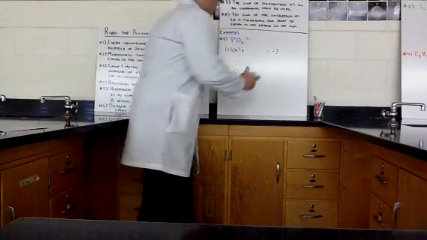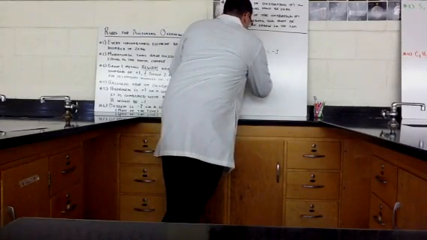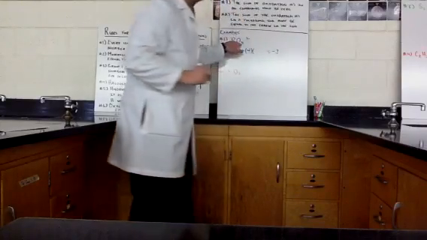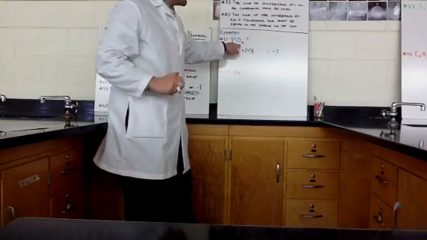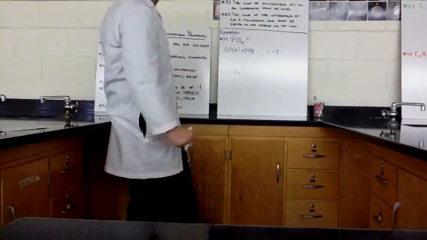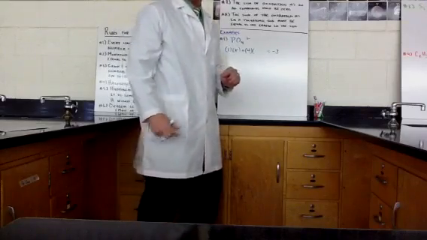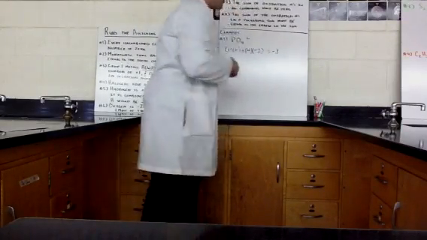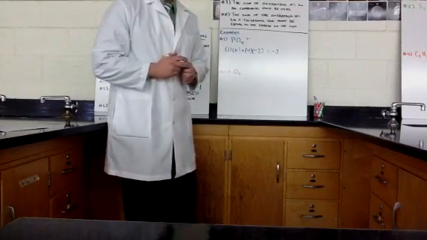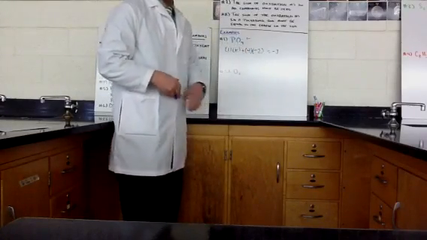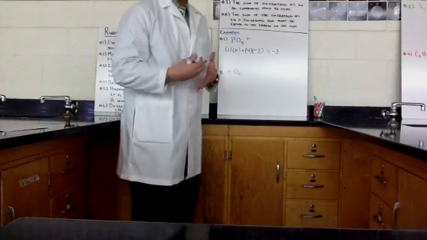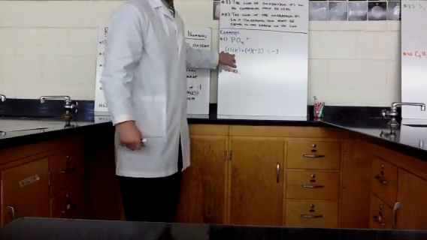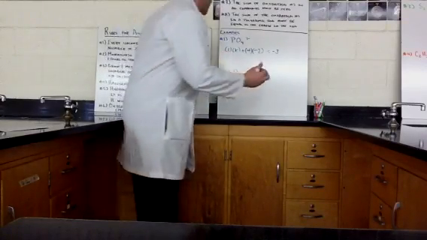We have 4, so 4 in parentheses. And we do know something about oxygen. According to rule number 6, oxygen is going to have a charge of -2. Once you simply find your oxidation states for oxygen, now it's just simple math to get to the missing link of X. So let's do the math.